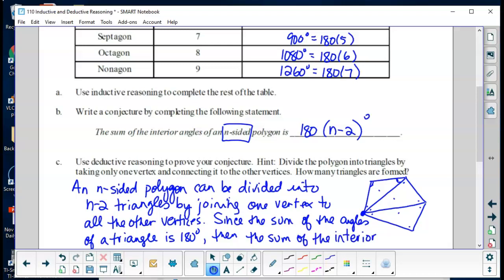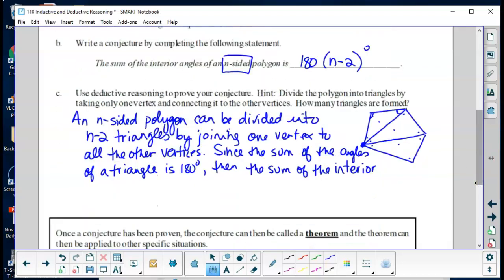We're not talking about exterior. So the sum of the interior angles of n minus 2 triangles is 180 times n minus 2 degrees.